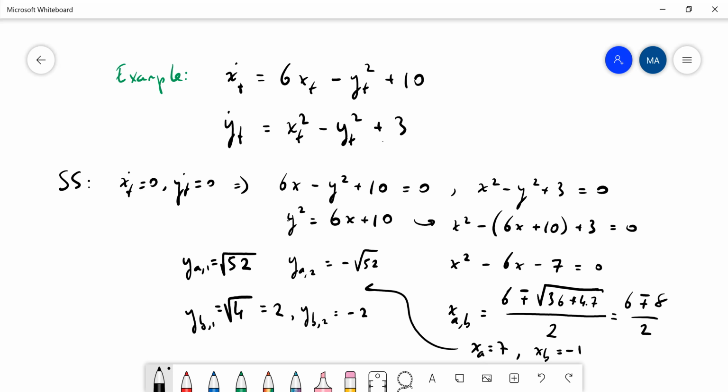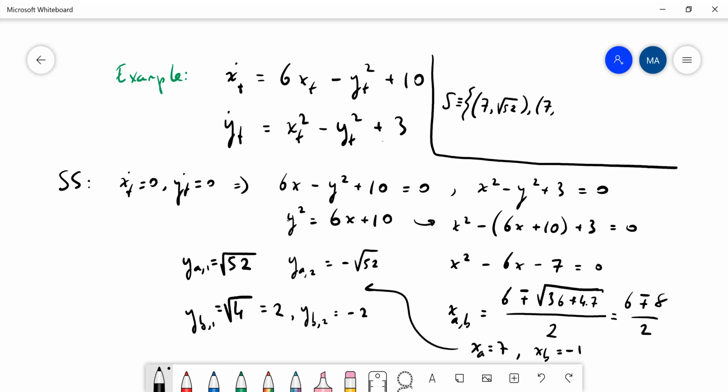So there are different steady states. The set of steady states, if you want to write it, is something like that. When x is 7, you have square root of 52, then 7 minus square root of 52.